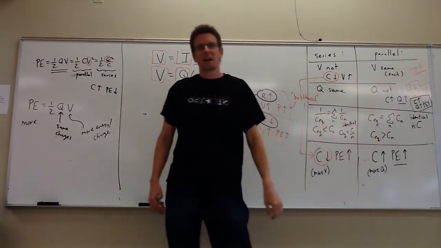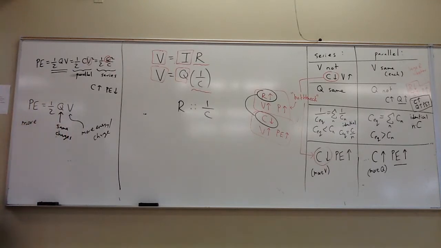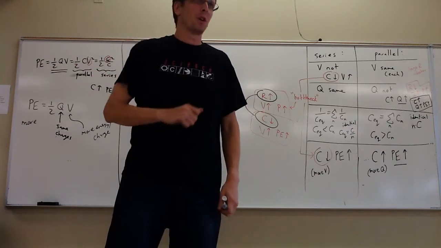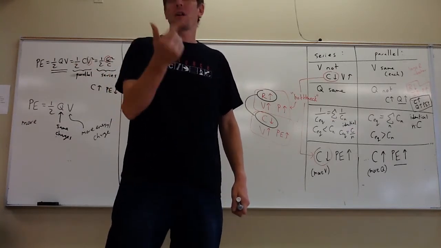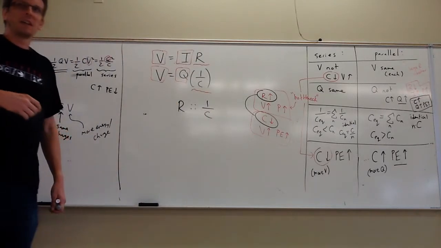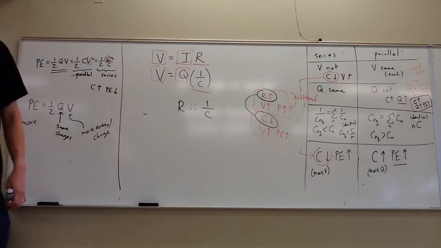That's exactly why they got flipped. So remember, the straight addition, just adding the values, works for series resistors and parallel capacitors. The 1 over rule works for parallel resistors and series capacitors, okay?